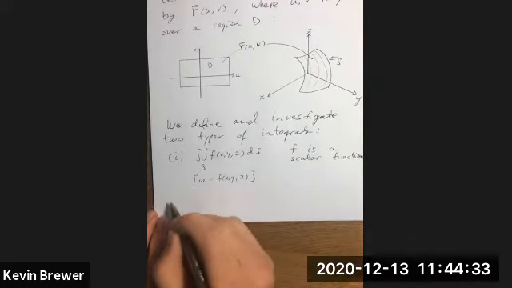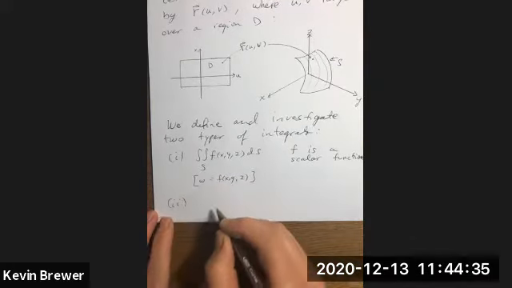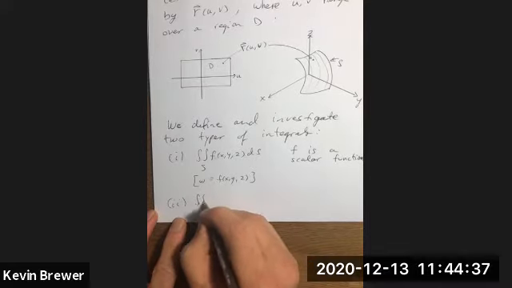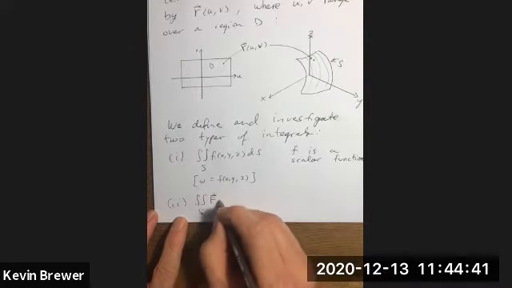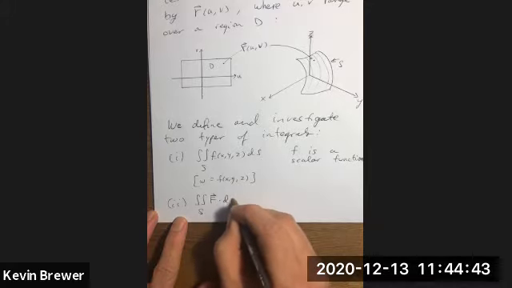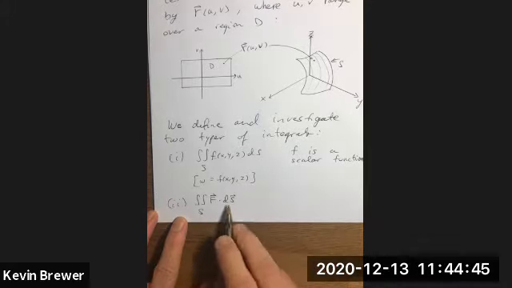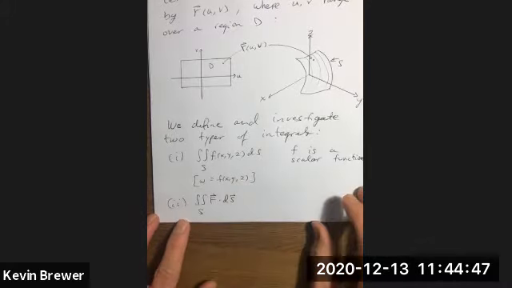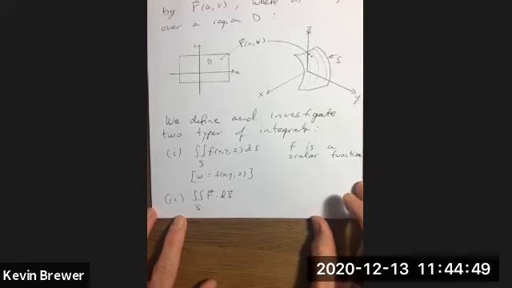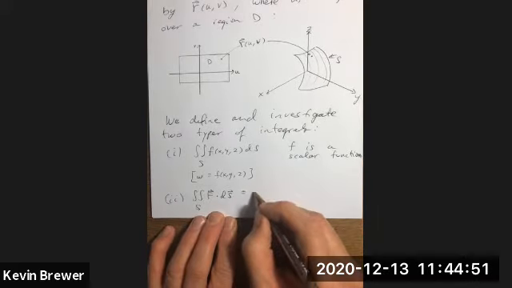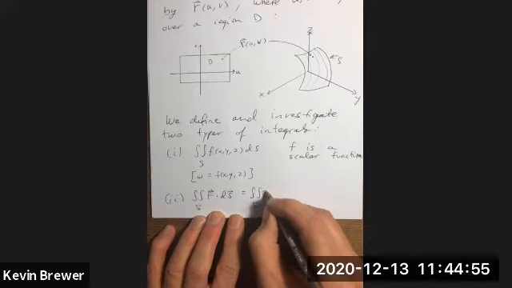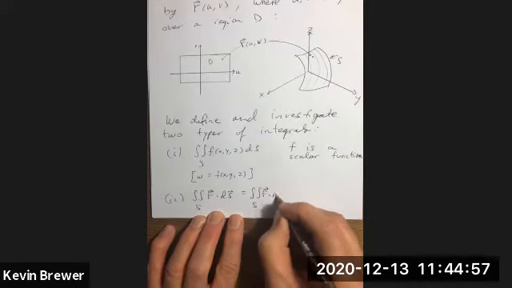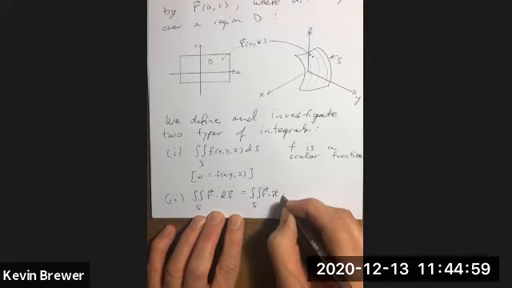And then the other type of integral that we will look at is the double integral over S of a vector field F dot dS, S with a vector notation here. And what this is, is the double integral over S of F dot n dS.